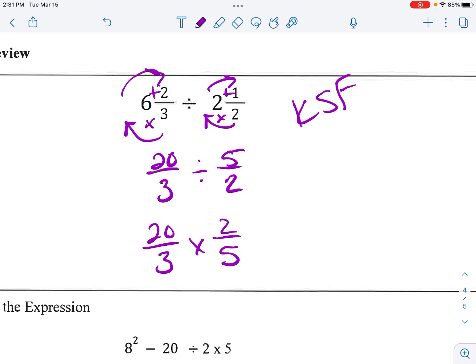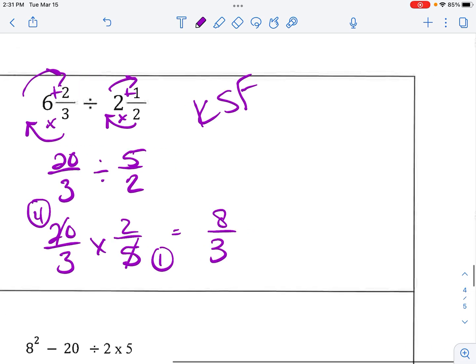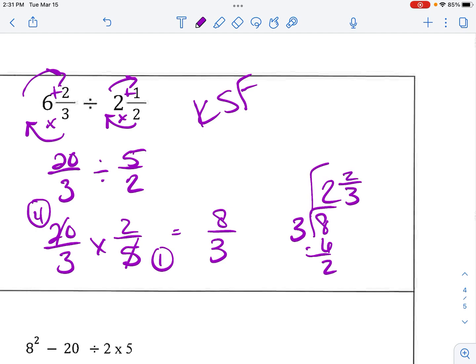Okay. Diagonally, 5 goes into 5 once, 5 goes into 20 four times, so we can simplify first. And then multiply straight across to get our numbers smaller. You may not leave it as an improper. 8 thirds goes in twice, which is 6, with 2 left over, so 2 and 2 thirds.